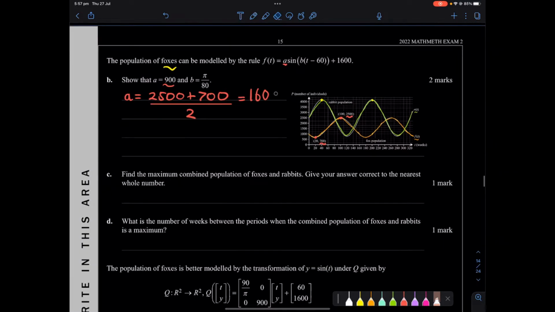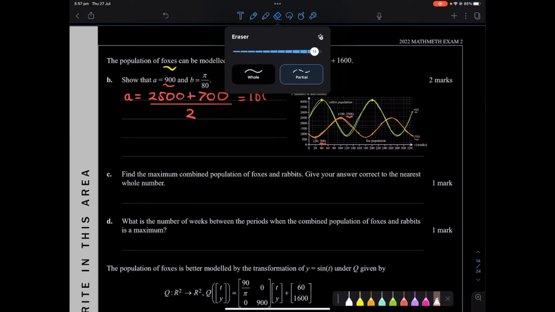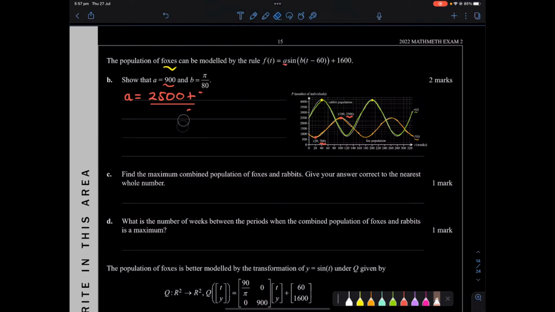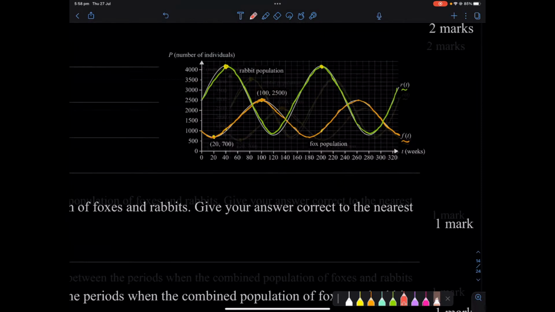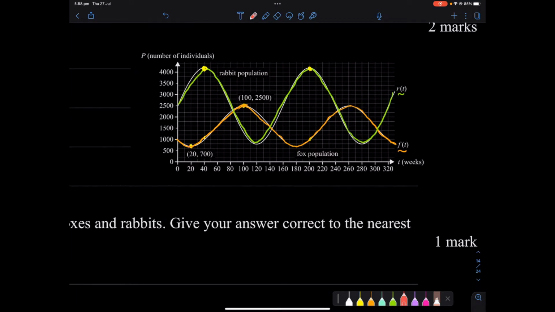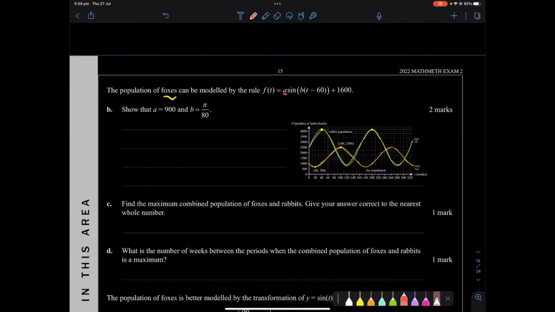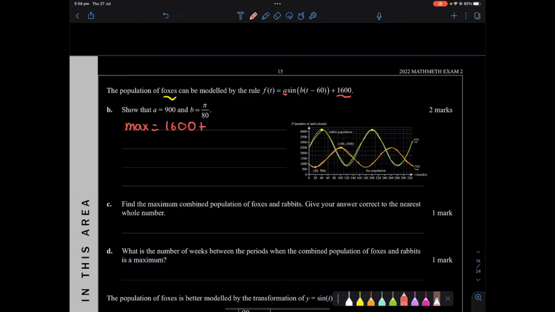There are many ways we can approach this question, so I'm going to change that up. I know for a fact that to get the maximum, we add this 1,600 plus A, and our maximum is 2,500 here.